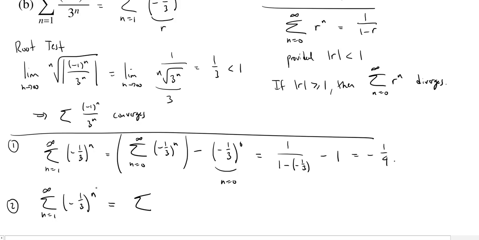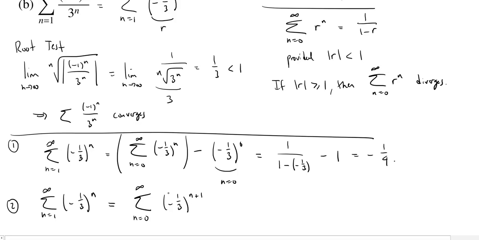So I'm going to reindex it by adding 1 to the n. So this becomes n plus 1. When I add 1 to the n, I'm going to have to subtract 1 from the index. Well, how do I know that? Well, we know that the very first power should be 1, right? That's where this starts. So if I want n plus 1 to be a 1, I need n to be 0.